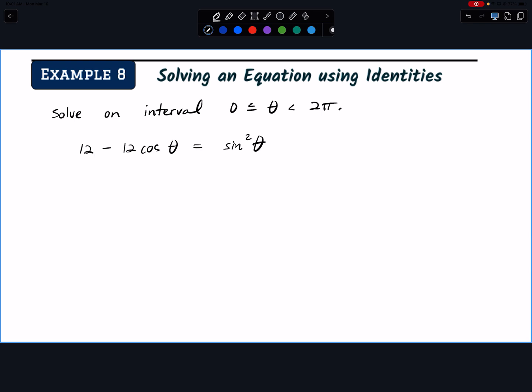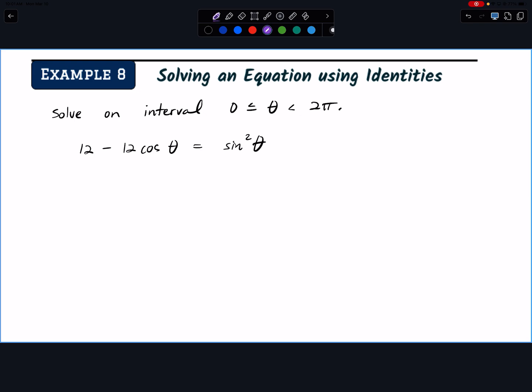All right, so this is kind of like the one that we just did because notice that I have cosine over here, but I have sine over here. It'd be really nice if everything was either cosines or everything was sines, okay? So because I have an identity that ties together cosine squared and sine squared, I'm gonna change this to cosines.